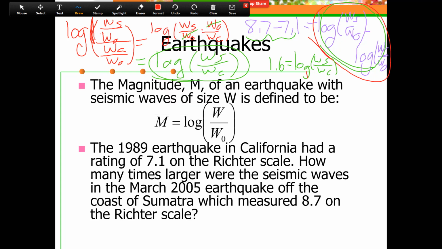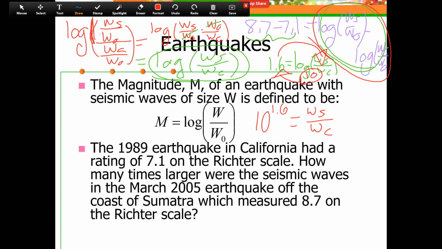So when we switch out of log form, we have 10 to the 1.6 equals the stuff inside, WS over WC. So we need to do 10 to the 1.6 in our calculator to get how many times larger.